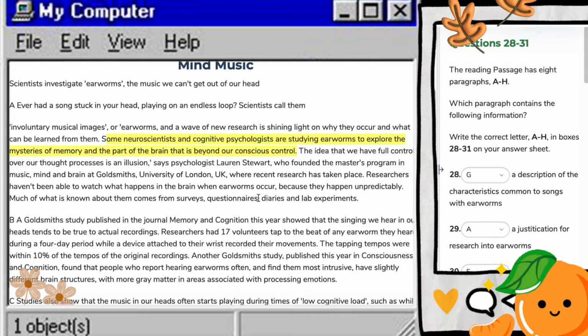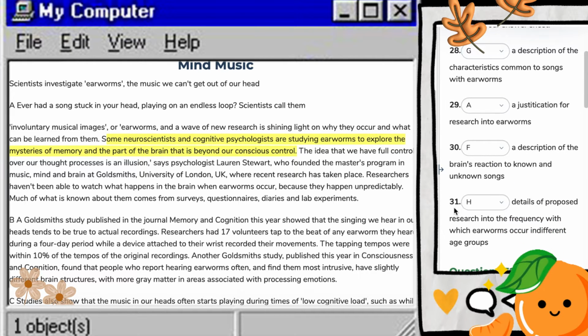Beyond our conscious control means that we cannot control it. We don't even know it, you know. So a justification means an explanation of why we research into earworms, and in the first paragraph it says that they want to explore the memory. So that's the right answer.